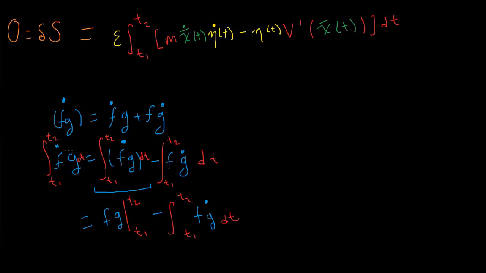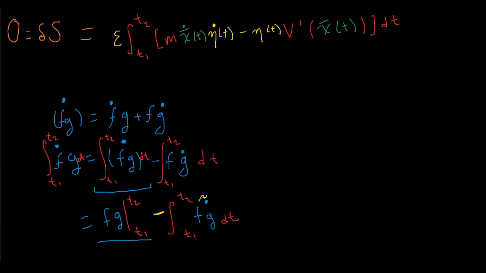We can first write this term where we just have f and g evaluated at t1 and t2, and then subtract off the integral. This is how I think about it: I think of switching the dot from f to g, and we also have to make sure we have a minus sign here. So that's how integration by parts works.